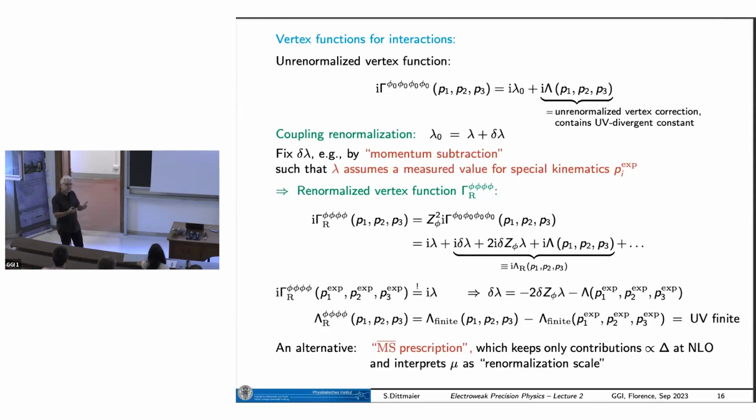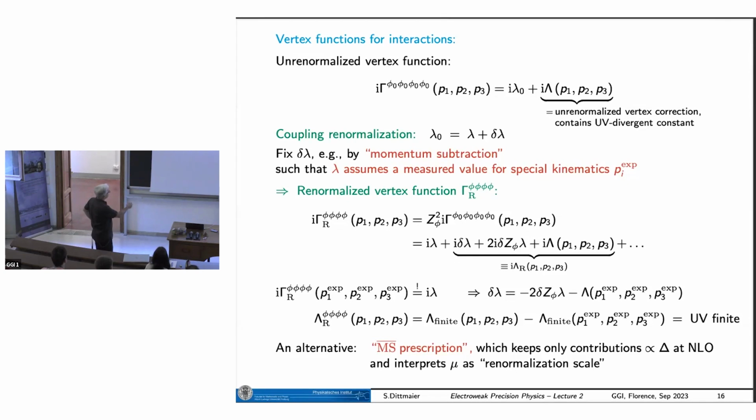You can think about an experiment in a certain kinematical limit, where you just call the measured cross section the one that is ruled by your elementary coupling lambda. That means that you insist that after renormalization, for example, these corrections vanish at a certain kinematic limit, for example, forward scattering or certain energy point, whatever. So let's do it that way.